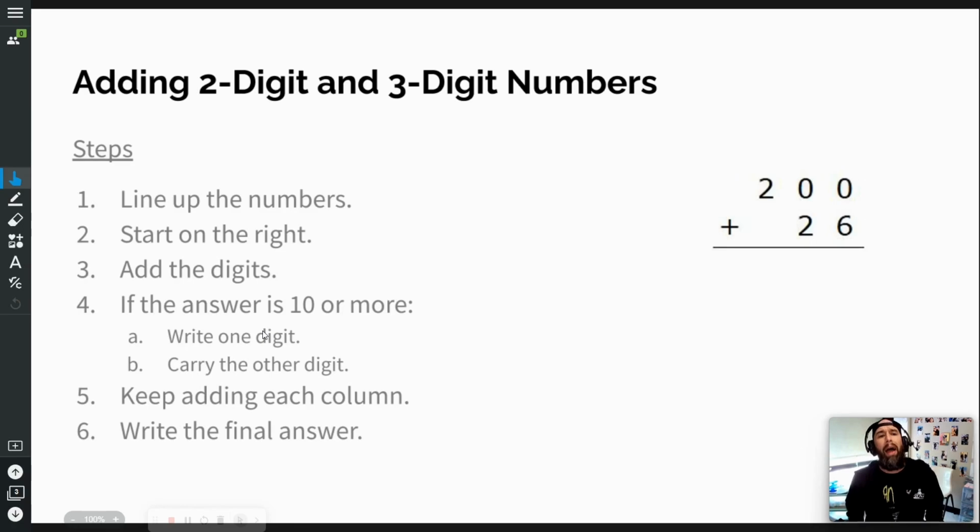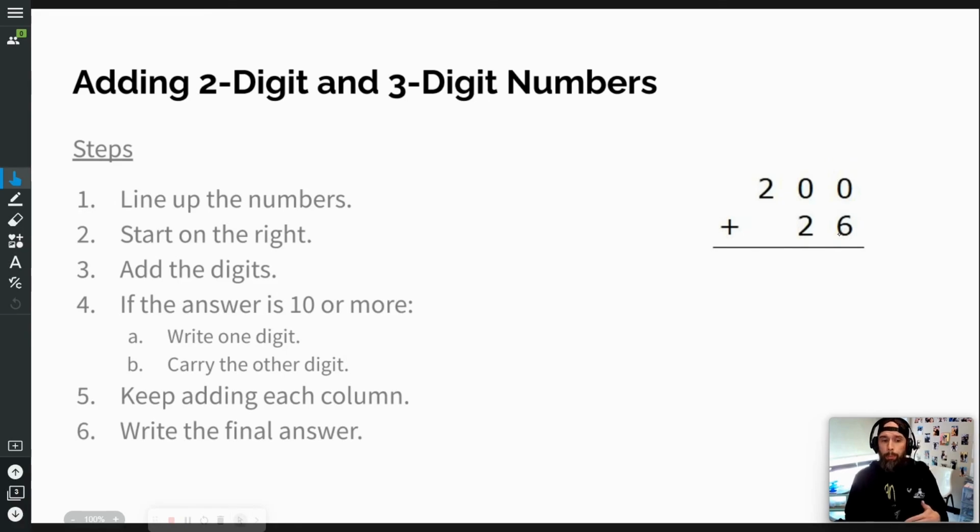This is how you add 2-digit and 3-digit numbers. First things first, you line up the numbers. In all the problems that we do today, that's going to be done for you already. The ones place values are all lined up, and the tens place values. I have a 100 here, no 100 there, but that's okay. You start on the right and add the digits.